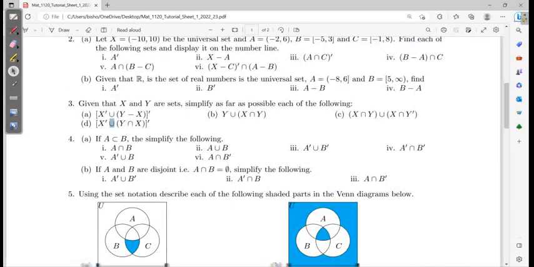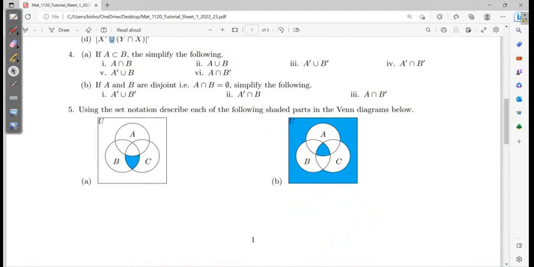There's a question asking us to describe the shaded region here. Maybe we'll do one so that you have an idea of what we are supposed to do. If you look at A, who can describe this shaded region? Anyone?